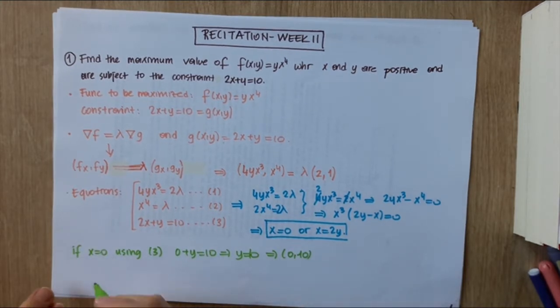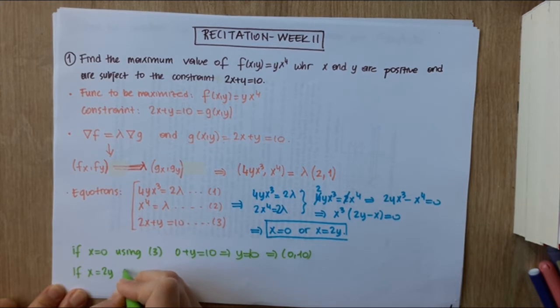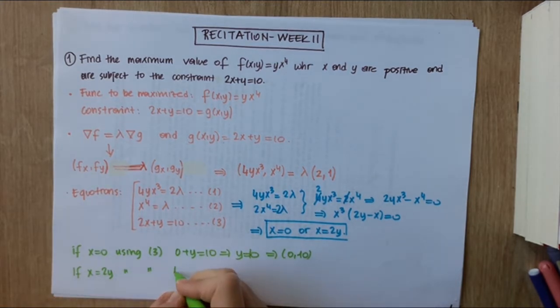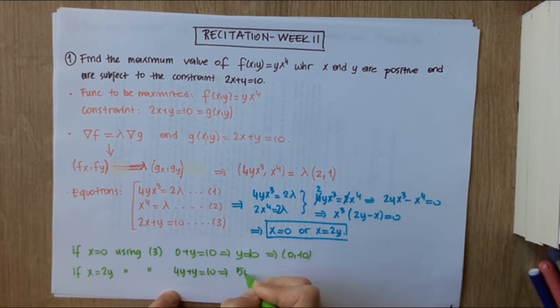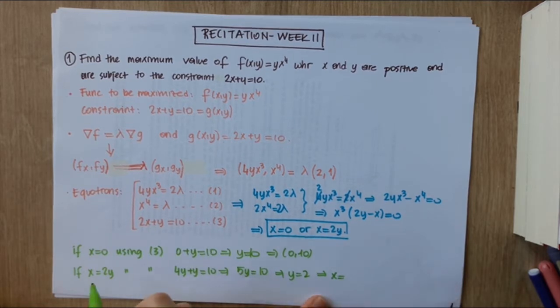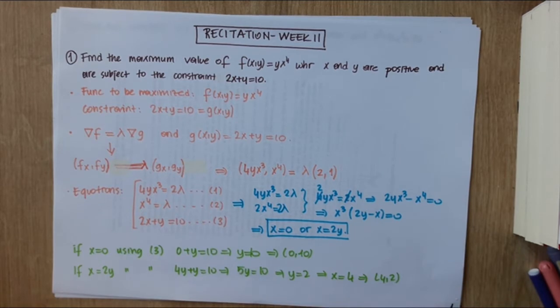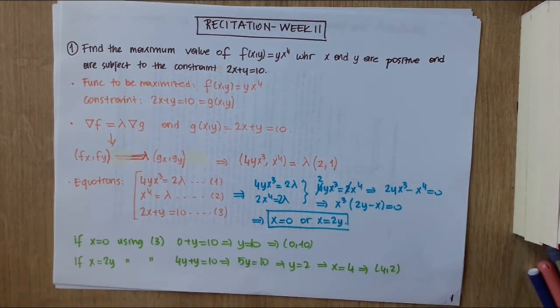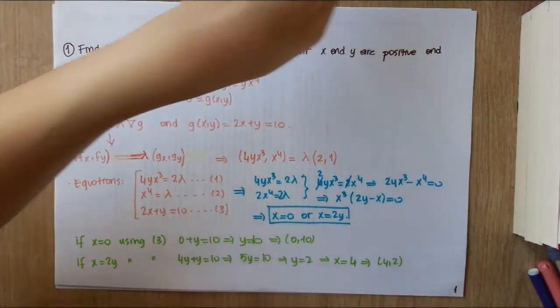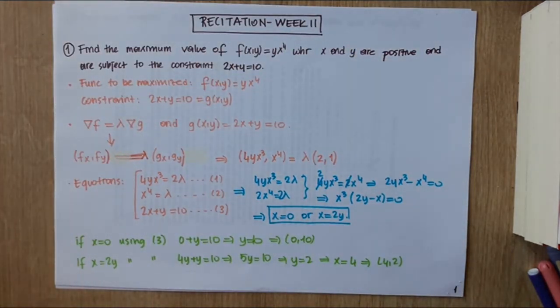If x is 2y, again using equation 3, I have 4y plus y is 10, which means 5y is 10, so y is 2. If y is 2, x is 4 because 2y is 4, so the point is (4, 2). Now it's time to calculate our function at these points and decide the maximum value.